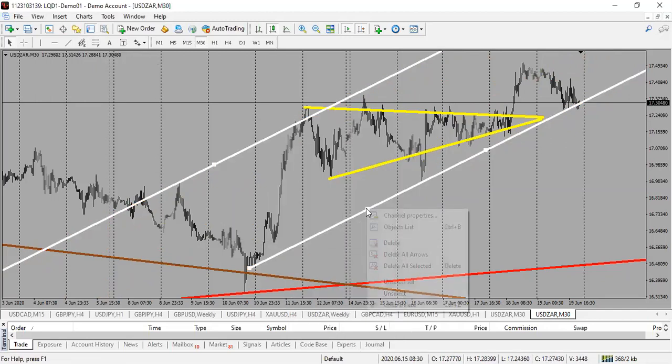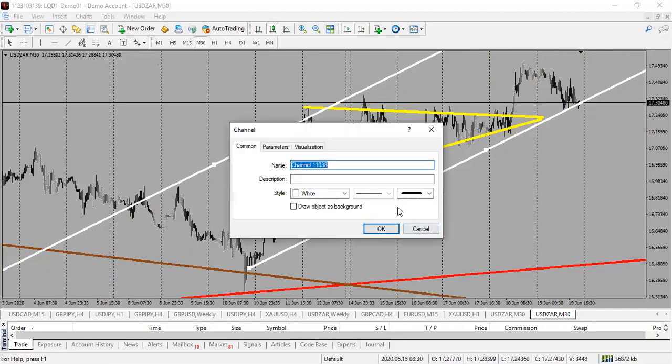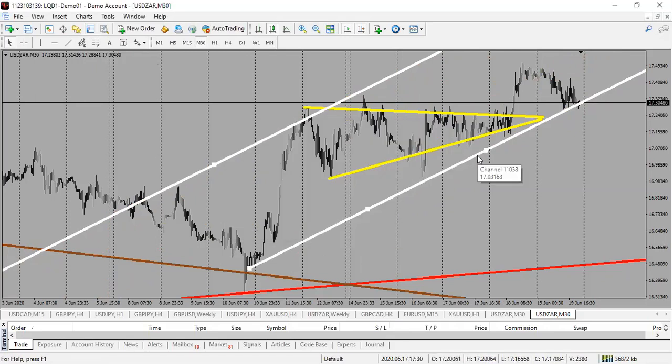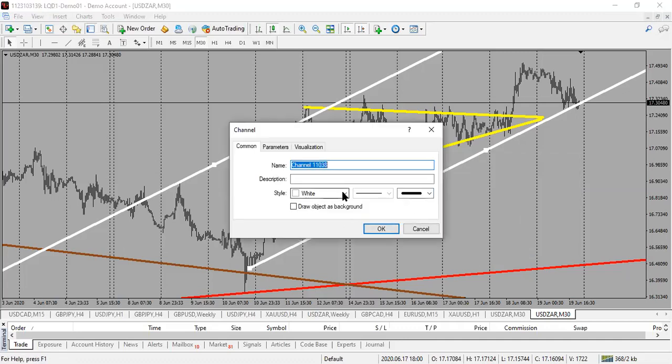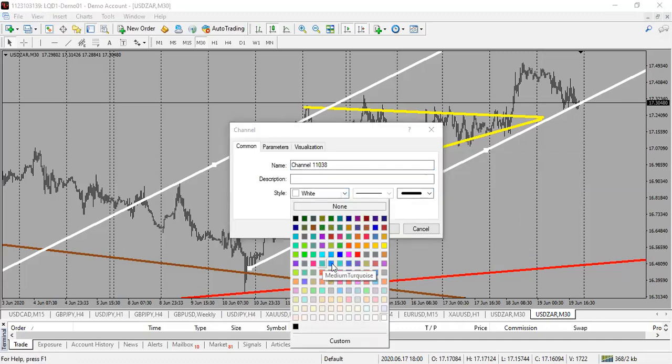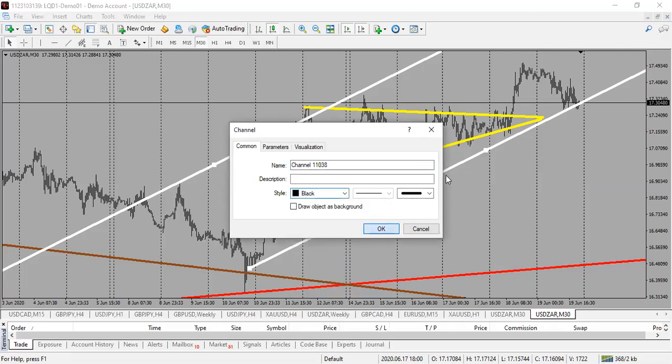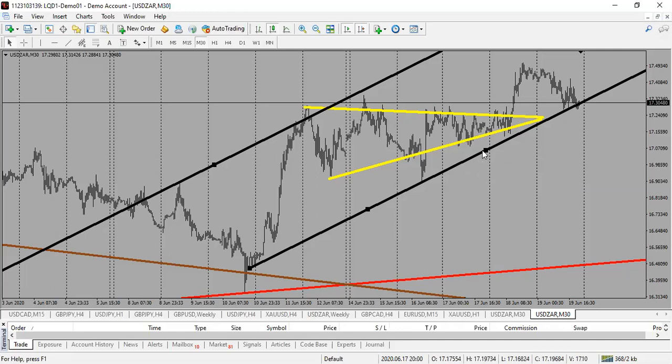Get white and bold. Thick. Nah, it's too white. We can't see it properly. Okay, let's change it to what color? I'm looking for, okay, make it black. Much better.